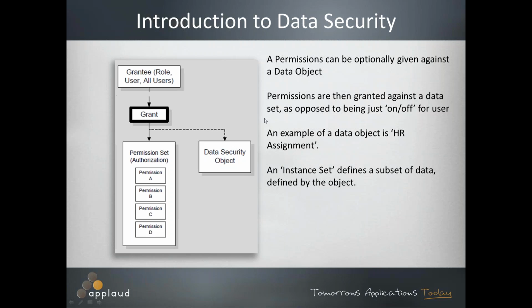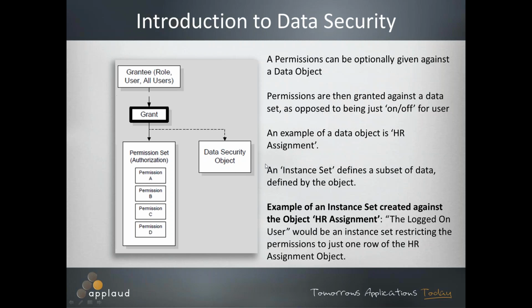And then an instance set, this is the second term we have to learn. This defines a subset of data. In other words, if you imagine the data object describing a big set of information, 100 rows on a database table, an instance set narrows that group of data down as defined by the parent object. This is much easier to talk to with examples. Let's take the example of the HR assignment.